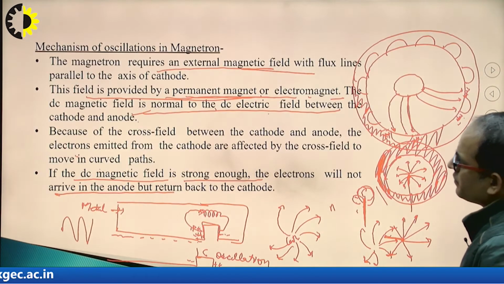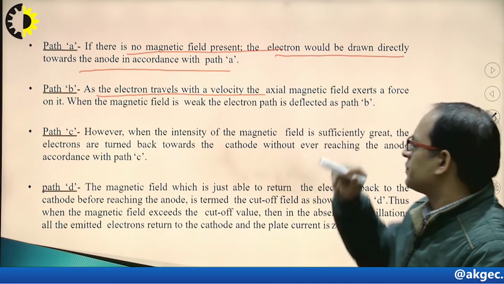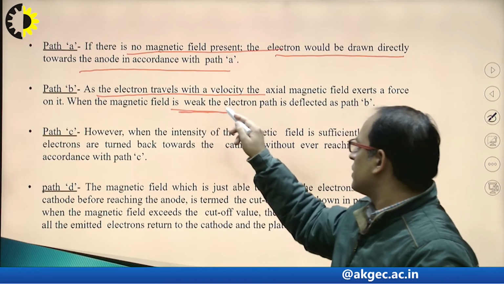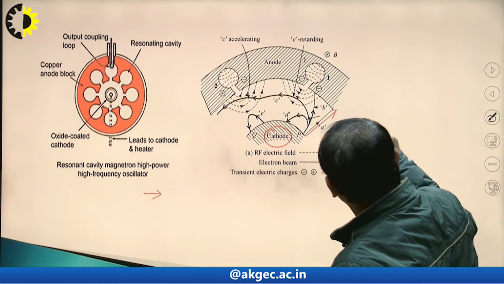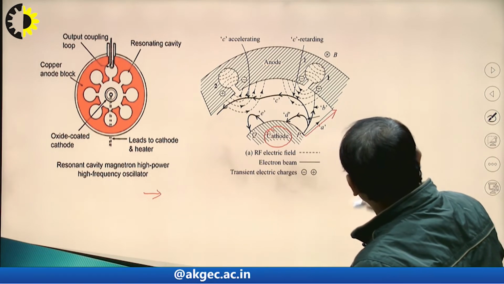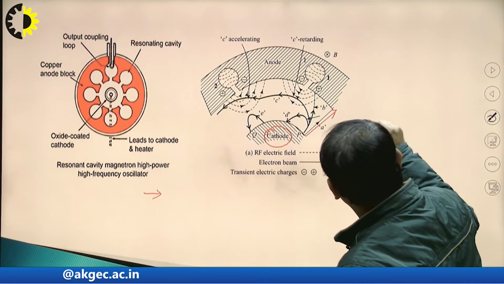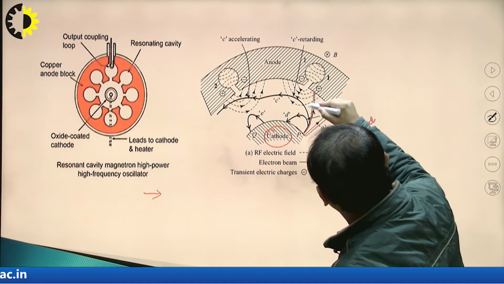Now if a magnetic field is there and this magnetic field is weaker, then the electron path, which was earlier going straight, will be deflected and go to the anode. So this path will be there.